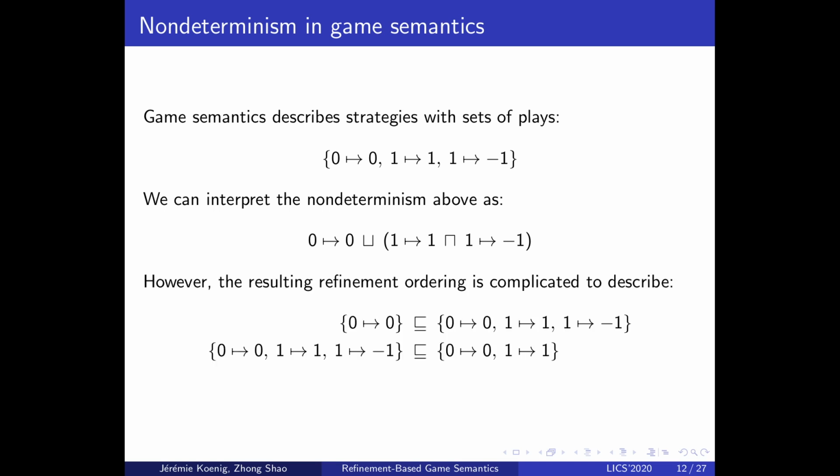The problem with this approach is that the refinement ordering we get is quite hard to describe, and this gets much worse when we consider complex plays which interleave several moves of the system and the environment. On the other hand, if we revisit the way strategies are constructed and decouple non-determinism from the polarity of moves, we'll get a model that is both simpler and more expressive.